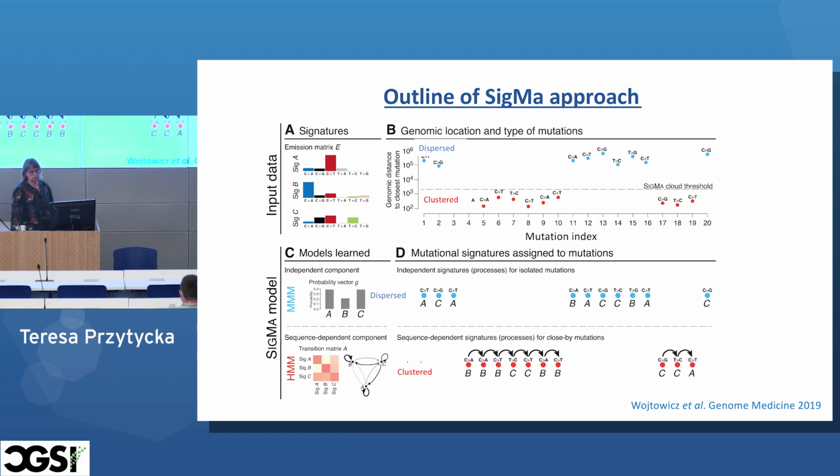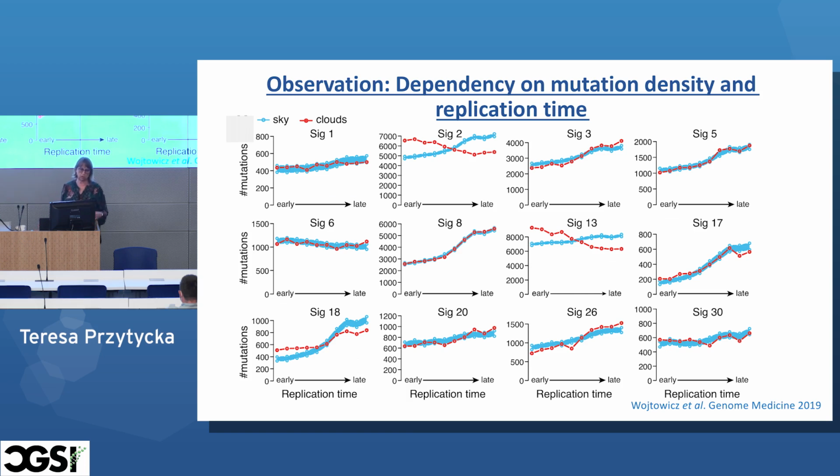We call the first group clustered mutations, or sometimes clouds, and the second group dispersed or sky mutations. Those two mutation groups, the dense one and the sparse, have different properties.